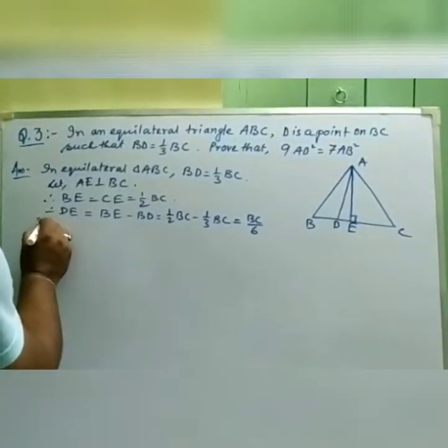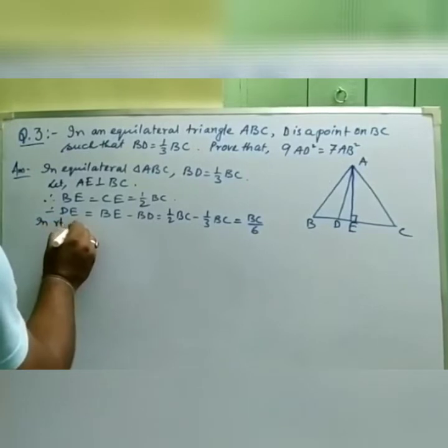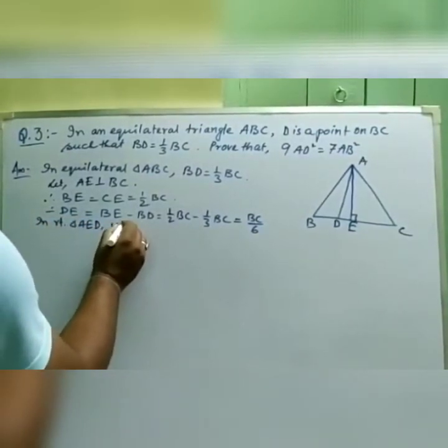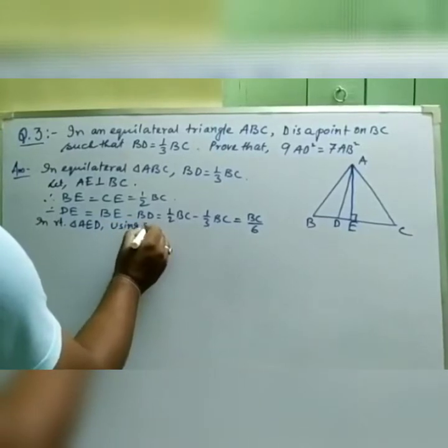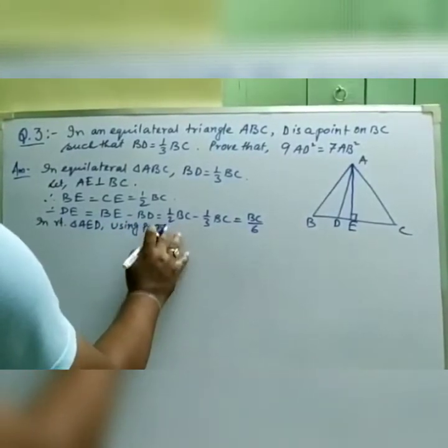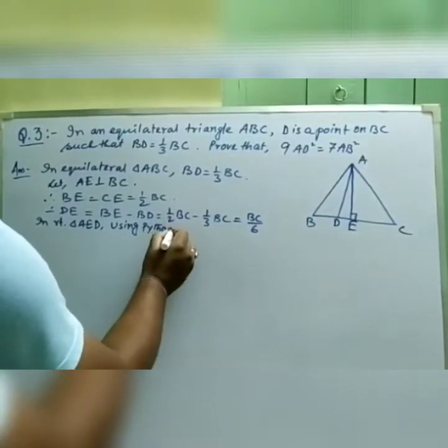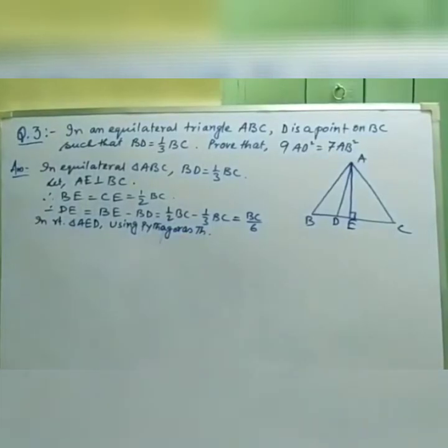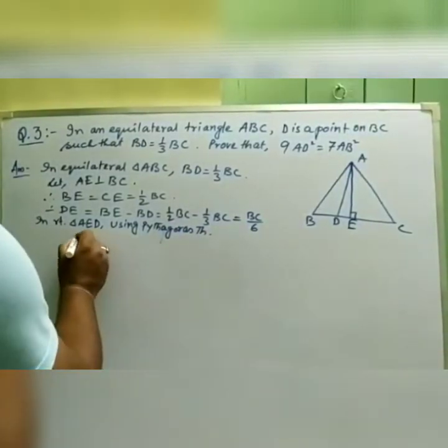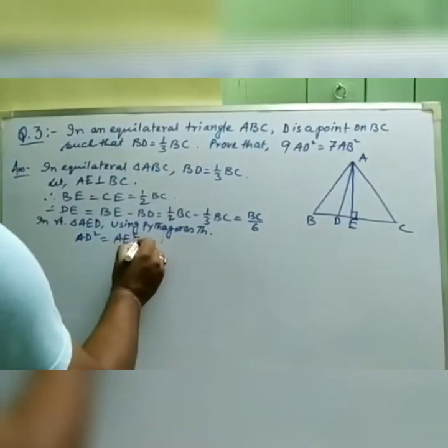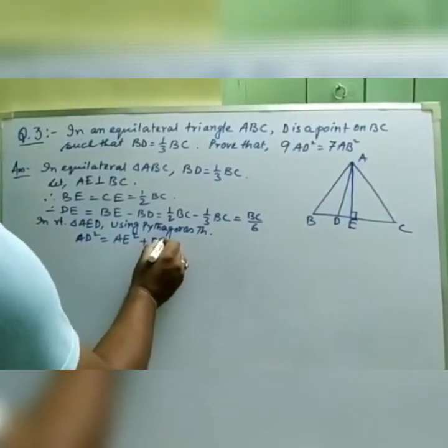So in right triangle AED we can use Pythagoras theorem. So using Pythagoras theorem, we get the hypotenuse square AD square equals AE square plus DE square.